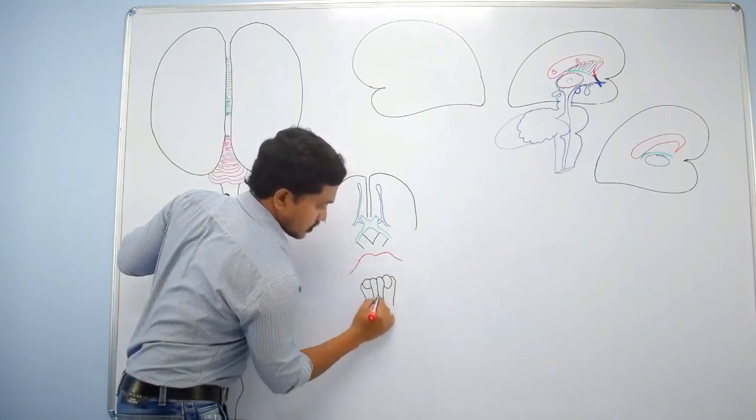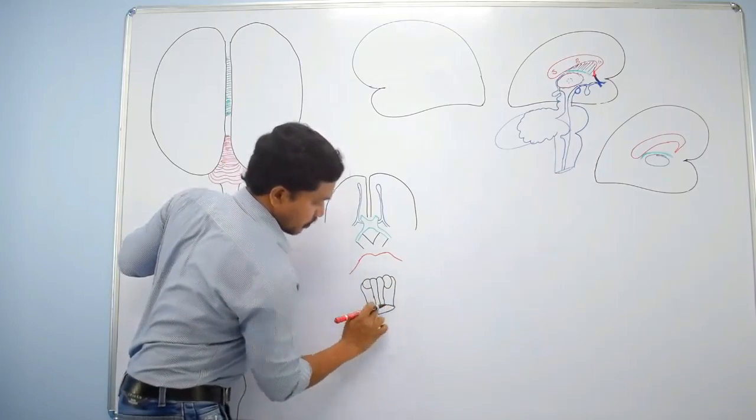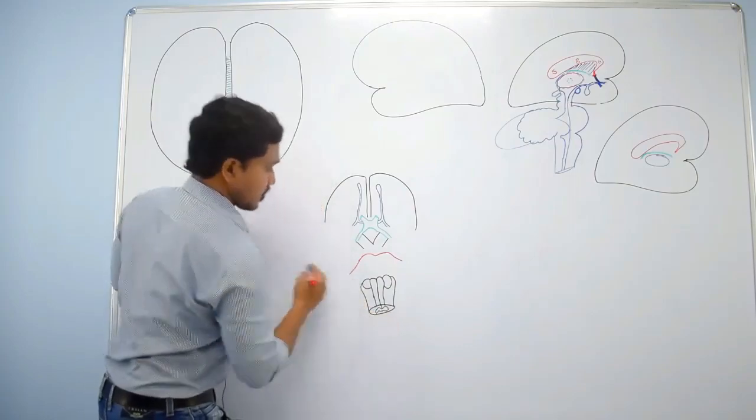So this is the whole brainstem we have drawn here. Clear?